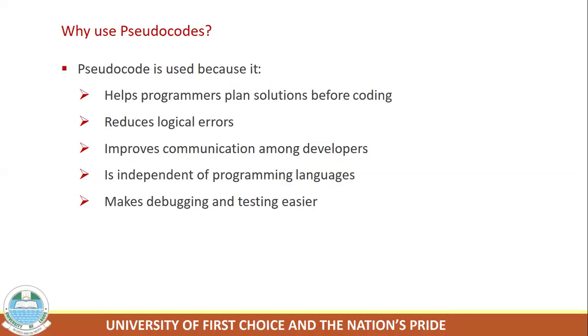Because there's something we always call MVP in software development. MVP stands for minimal viable product. If I develop all the features at a go, all the features to make it robust, it would take me a whole lot of time before I have a product that I will bring to the market.